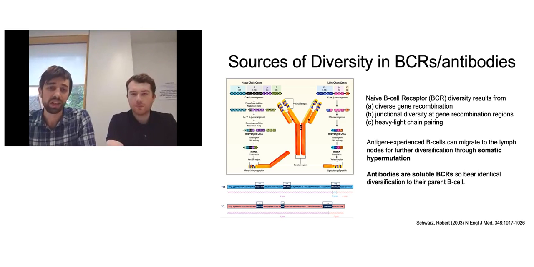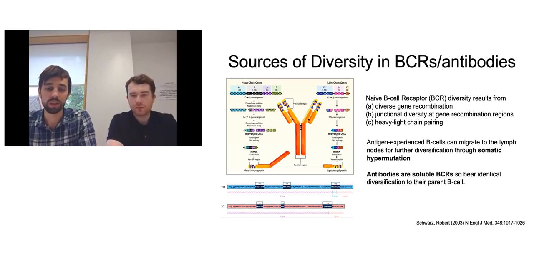We then have the events where these genes recombine with one another with additional junctional diversity. So that gives us length variation in some of the regions, and also sequence variation as well. We have the fact that these binding sites are a heavy chain and a light chain, and so this pairing also gives us additional diversity here.